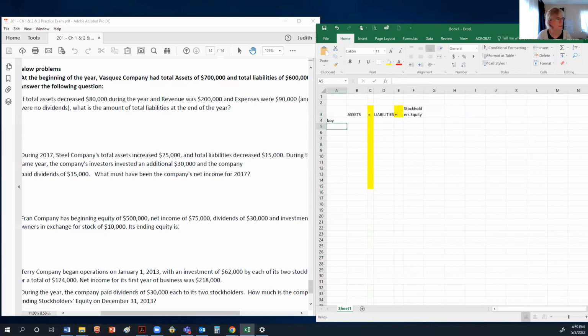I don't know what the beginning of the year is, so apparently I don't need it for the problem. So then I say during 2017, so let's just say during the year. Okay, during the year, all we know is, now remember, for every transaction, it has to zero out. So we're saying total assets increased 25,000. So we'll put that in there.